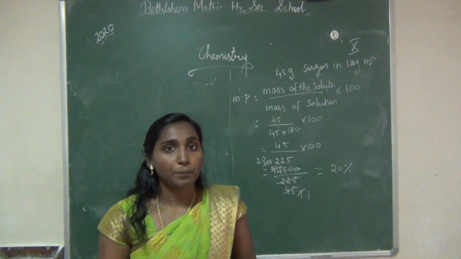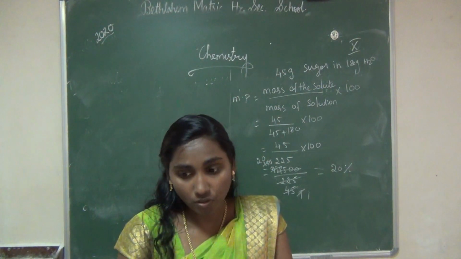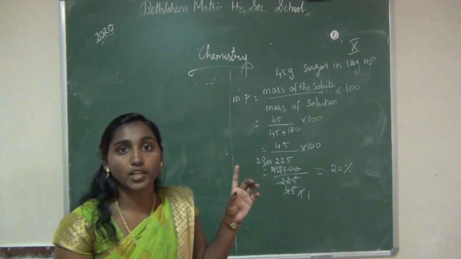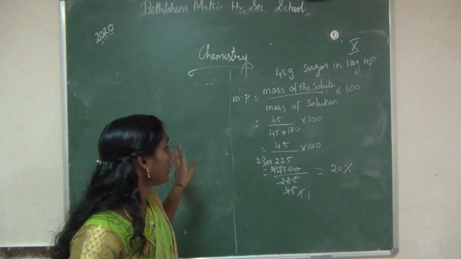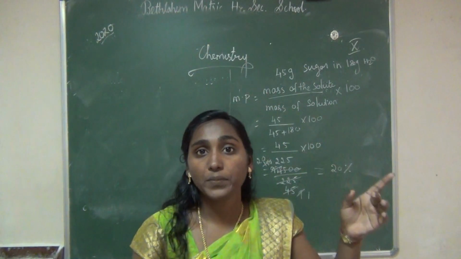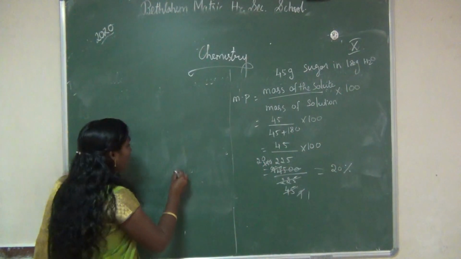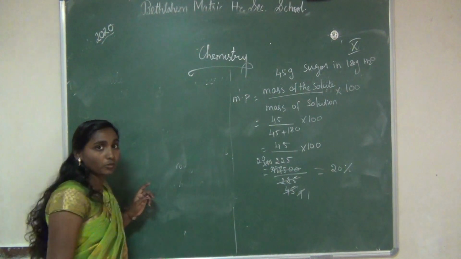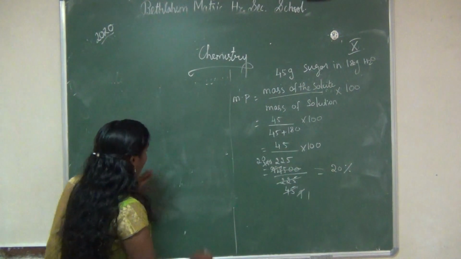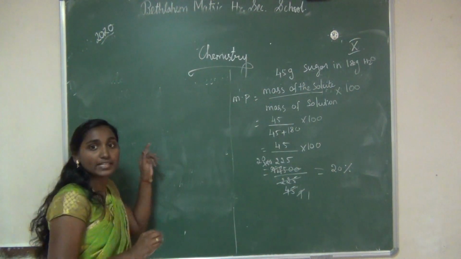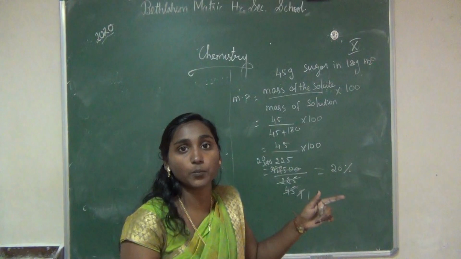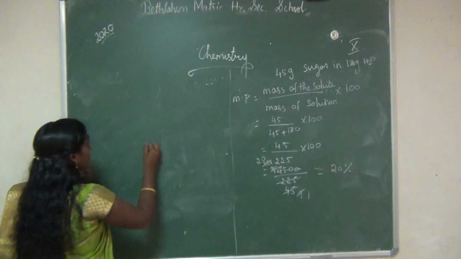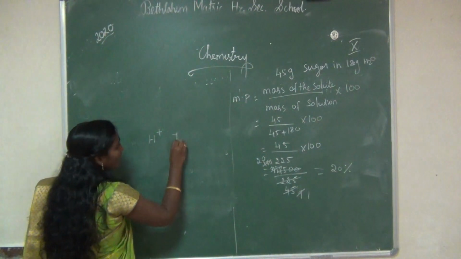In your exam paper, one question I asked was what is the bond formation of HF molecule, from the previous 8th lesson. Many of you wrote covalent bond or ionic covalent bond. That is not right. Your answer is ionic bond, because when we split this HF, it splits into H plus and F minus.